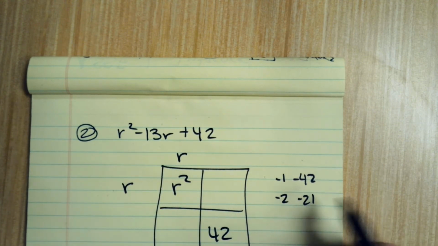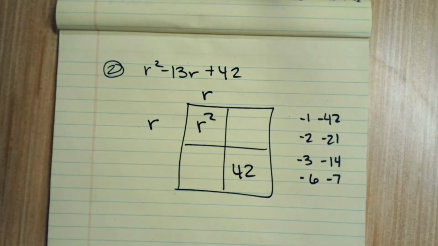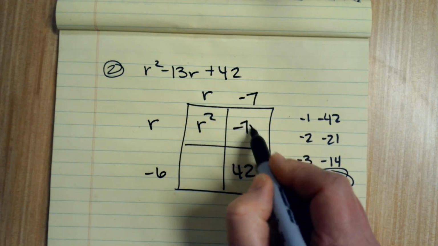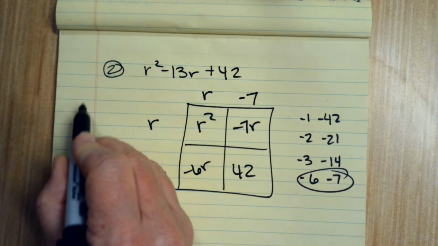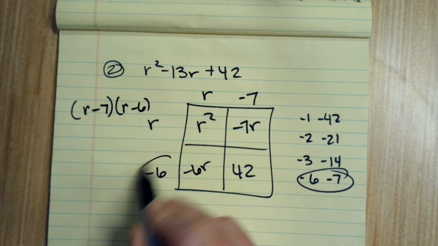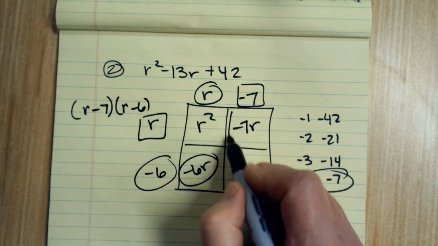Negative 2 and negative 21, negative 3 and negative 14, negative 6 and negative 7. The factor pair that I need is negative 6 and negative 7. So this answer is r minus 7 times r minus 6. So we multiplied here, got that, here, and we got that.